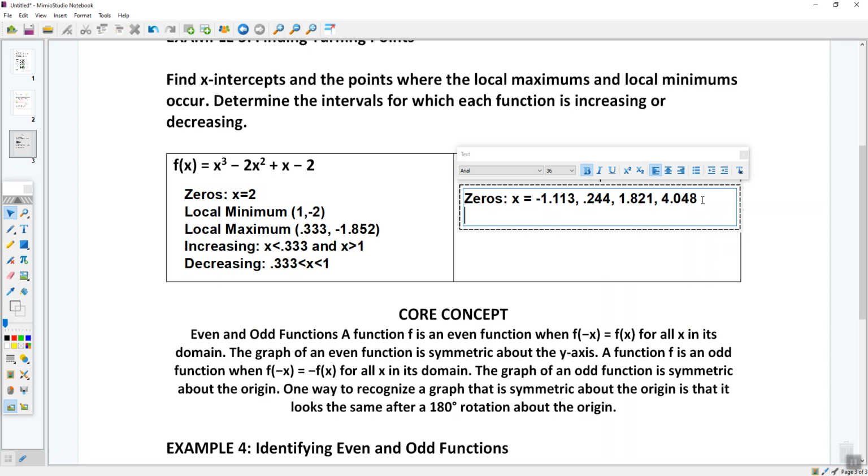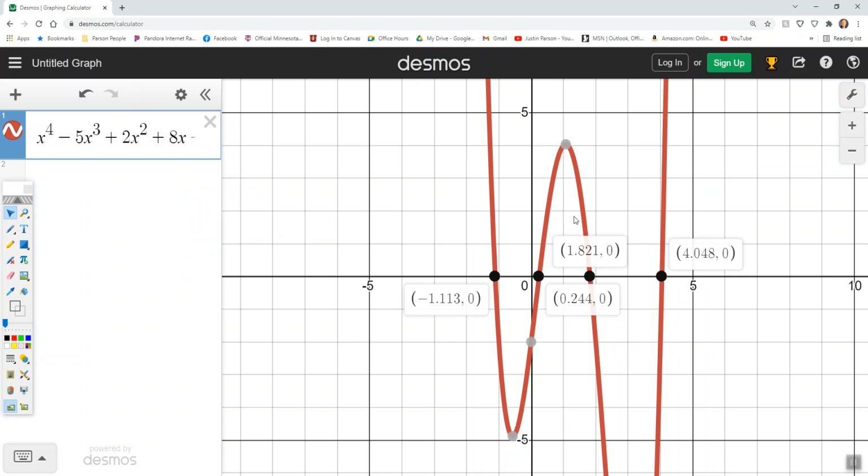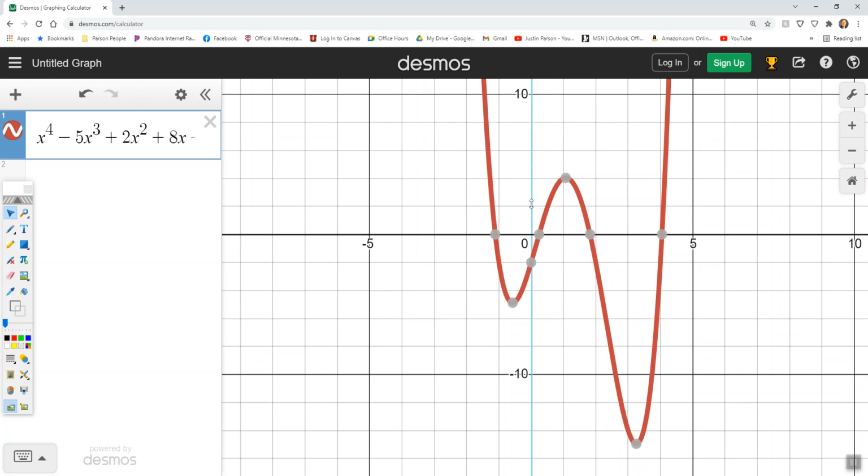Then we need the local mins and local maxes. So minimums would be at a peak, right? Or I'm sorry, a valley, right? So let me get these zeros out of here again. I'm going to squeeze this. You guys know how to do that, don't you? Just hold shift down and pinch that like so.